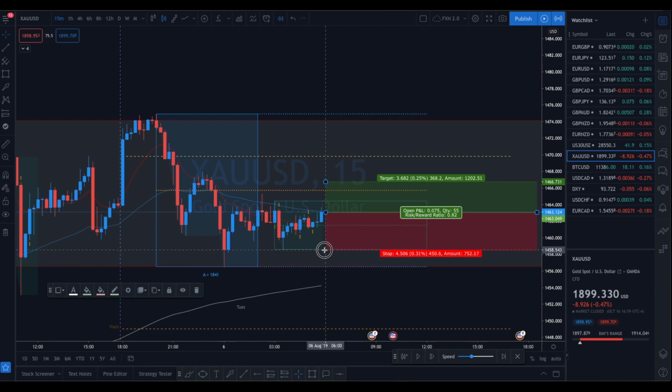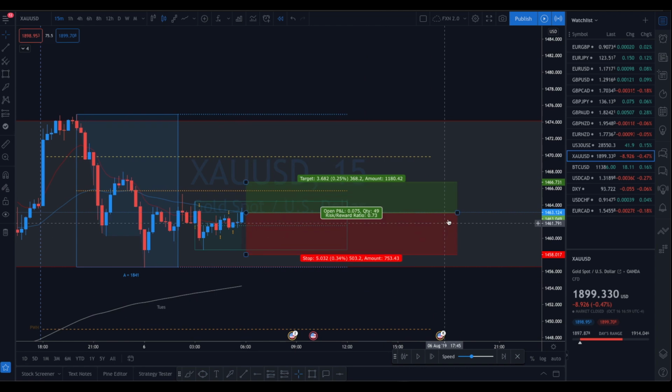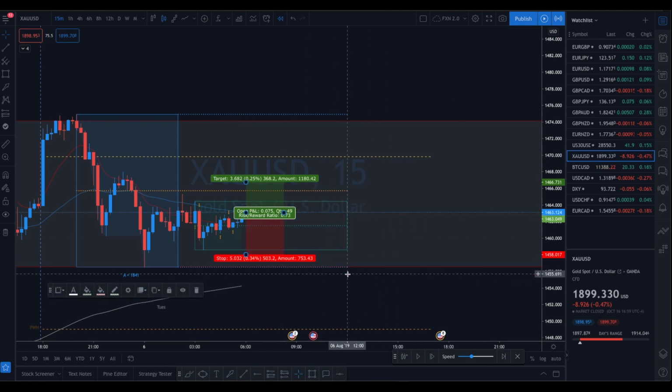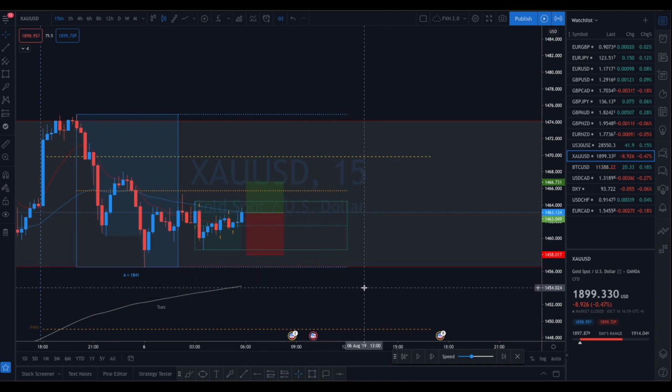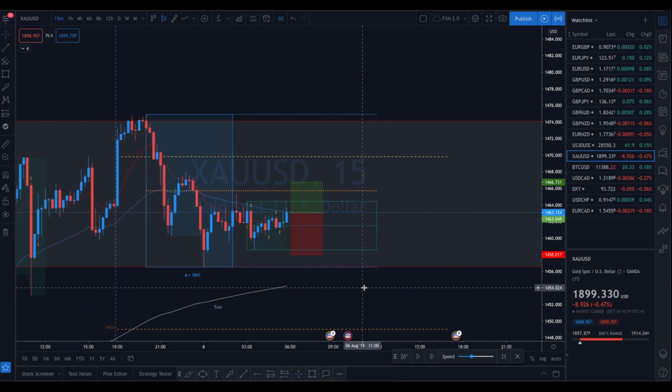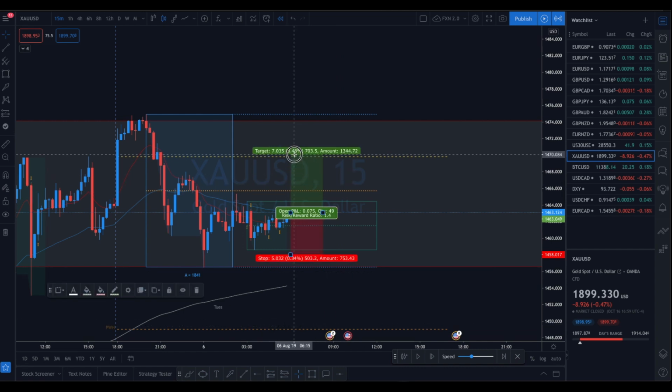Now, that basically means you're going to have to use a smaller lot size than what you would normally use, because the pip value is so high. For example, if you would use a standard lot size, maybe take half a lot instead, and still go for a 2-to-1 risk to reward ratio.